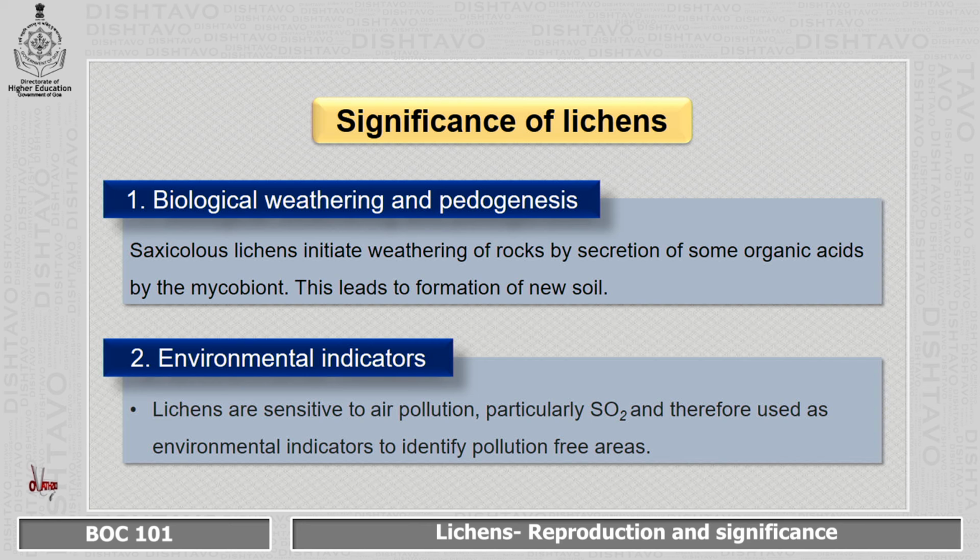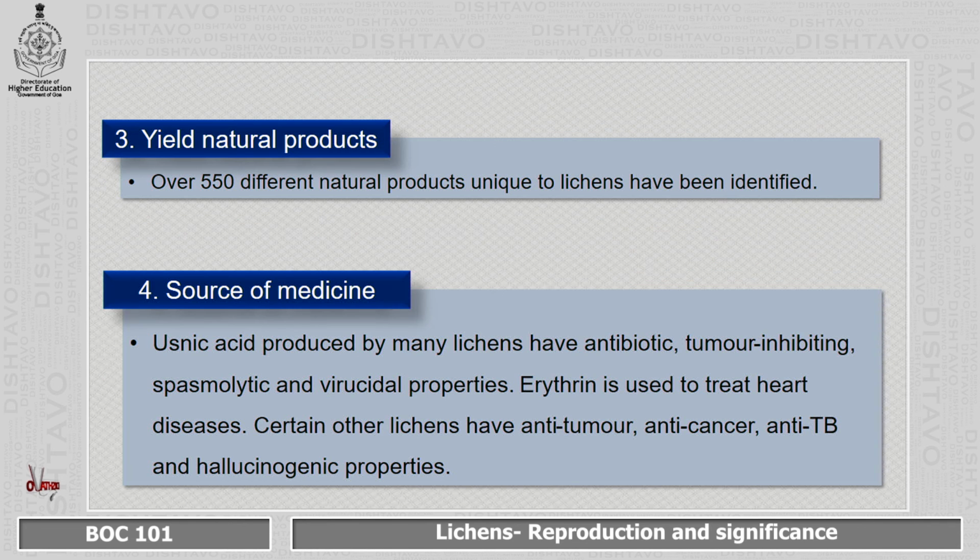The second point is, they act as environmental indicators. Lichens are sensitive to air pollution, particularly that of sulfur dioxide, and therefore used as environmental indicators to identify pollution free areas.